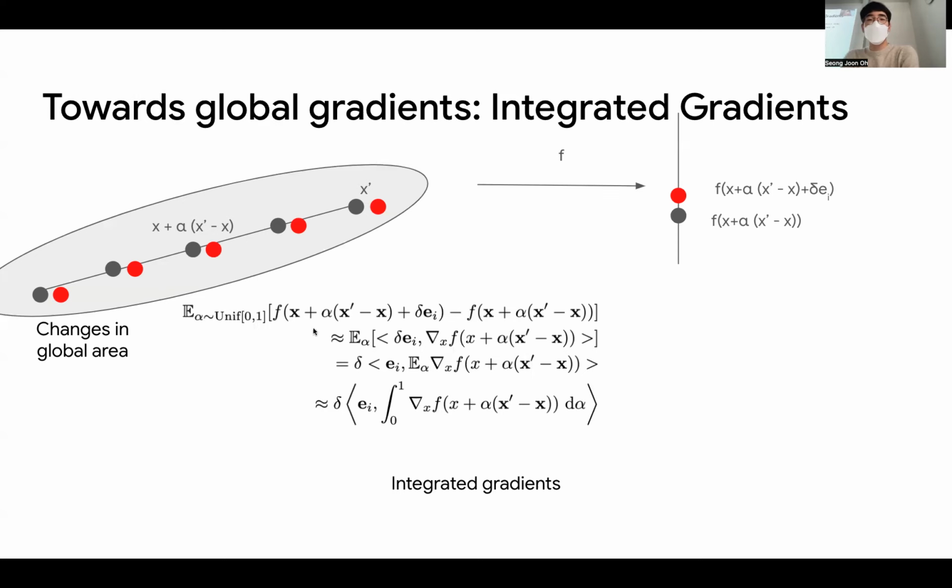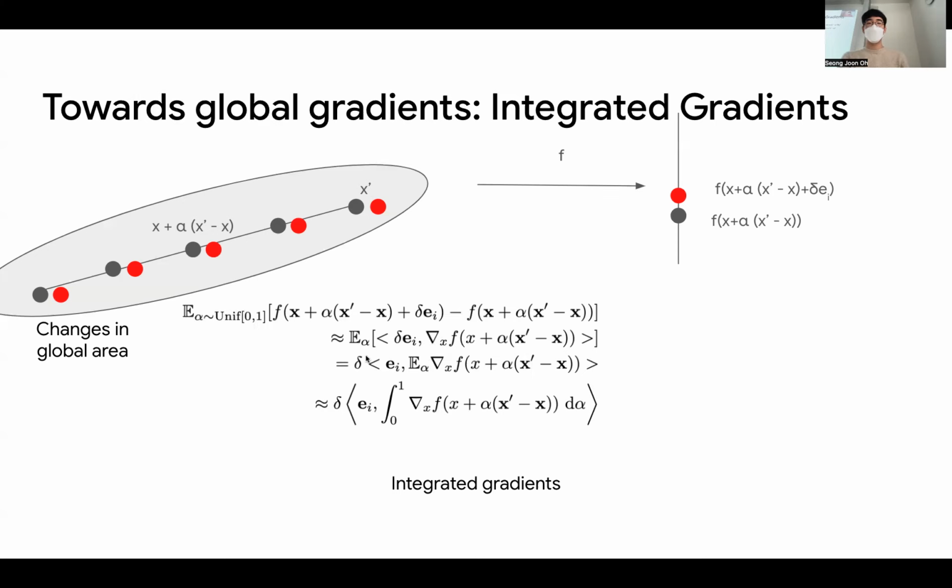And that is given in the same way. Here you're taking the expectation over alpha, which is parameterizing between 0 and 1. When it's 0, your input will be x, and when it's 1, your input will be x prime. And then this is estimated by taking the gradient here, right?